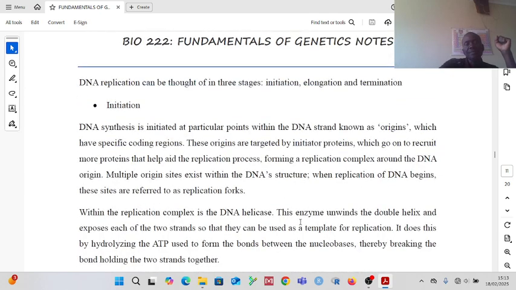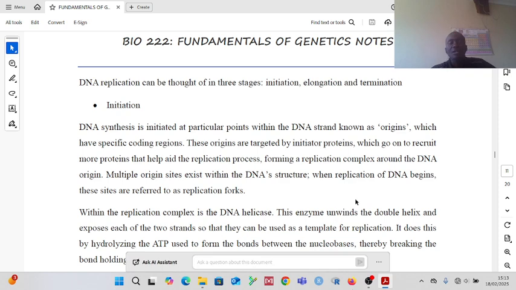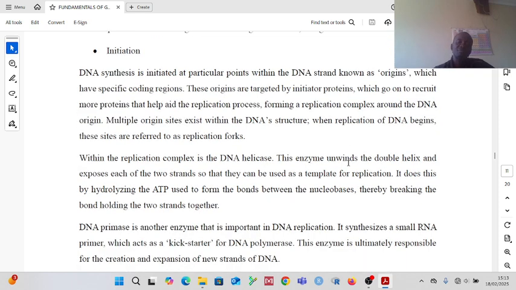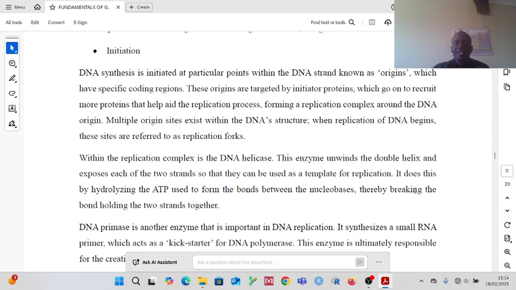So the DNA replication process can be thought to happen in 3 stages: initiation, elongation, and termination. When you go through these 3 stages, you realize that in initiation, you have the replication complex that is being formed by the DNA helicase.